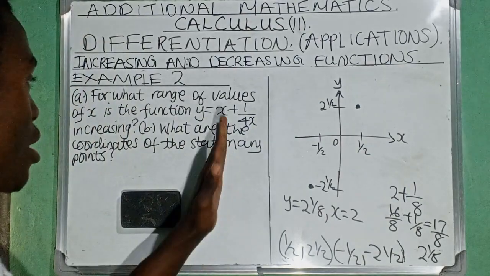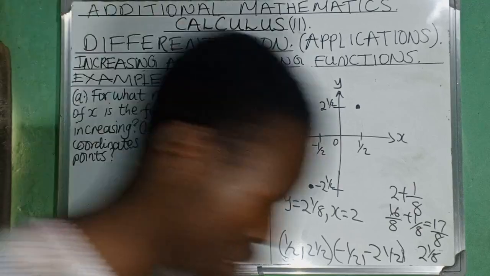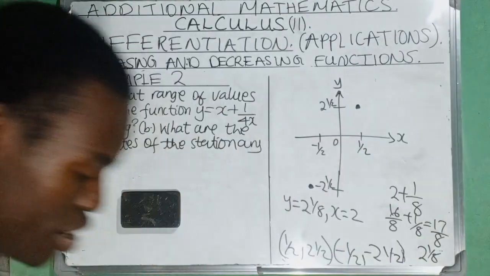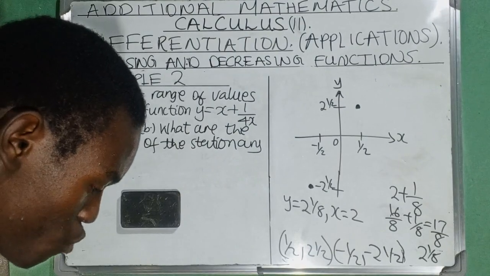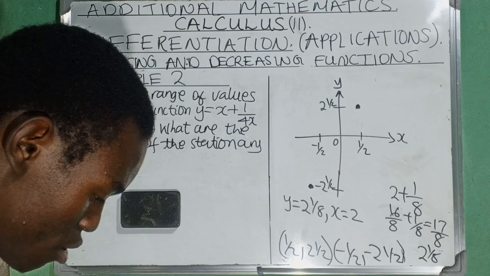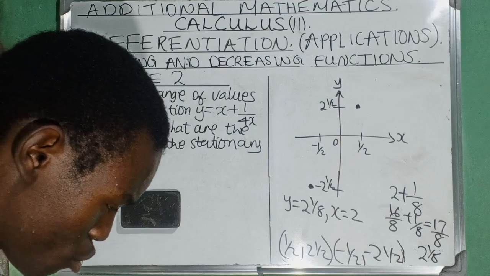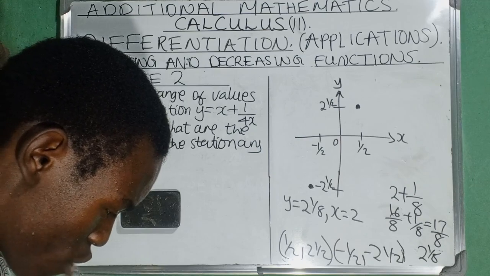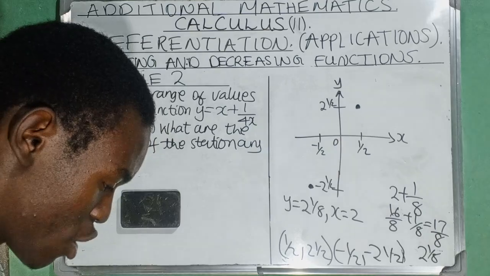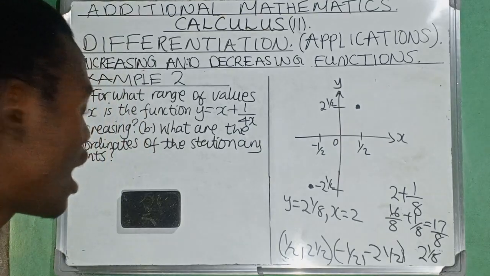Try to substitute a 5 here. Now I'm going to use a calculator. It's going to be 5 plus 1 over 4 multiplied by 5. You're going to have 6 remainder 1 over 4 as your y.